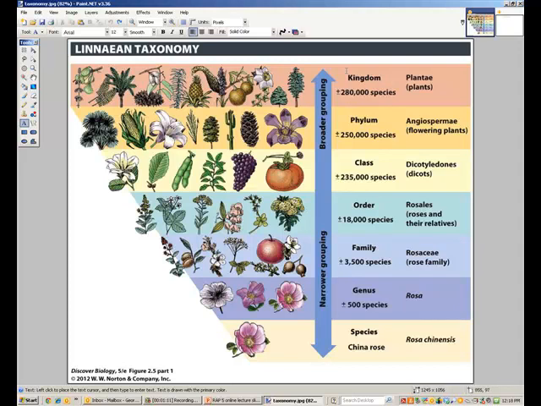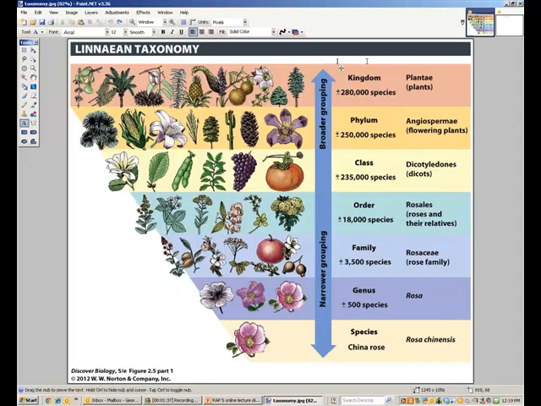So you can have many different types of species all within one kingdom, and less of those would all be in the same phylum, still fewer would be in the same class, fewer in the same order, and so on until you really get down to just one species or subspecies for an organism. So make sure you know the order of these. Go ahead and memorize those again: the kingdom, phylum, class, order, family, genus, species.